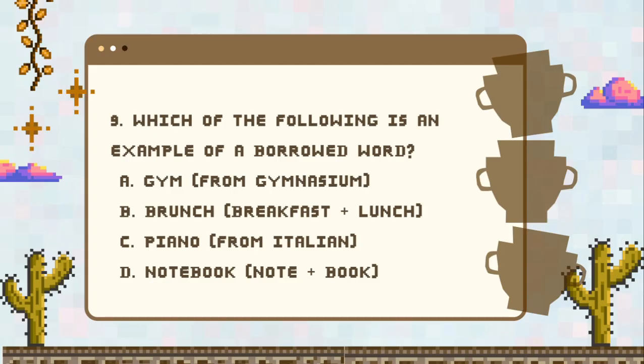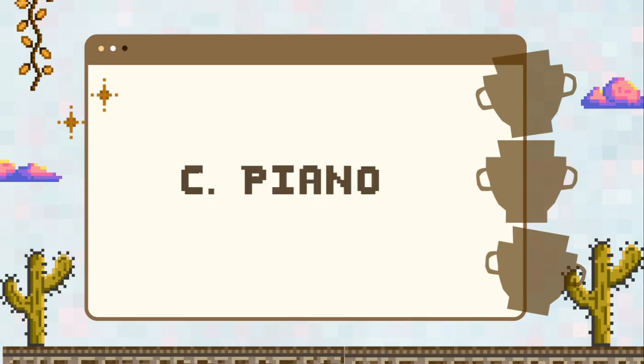And the ninth question is: which of the following is an example of a borrowed word? A, gym from gymnasium; B, brunch, breakfast plus lunch; C, piano from Italian; D, notebook from note plus book.